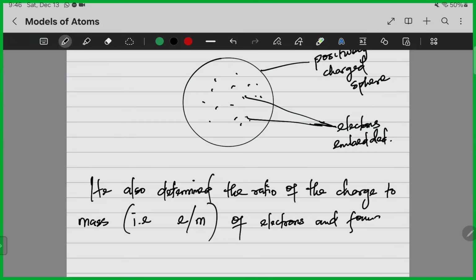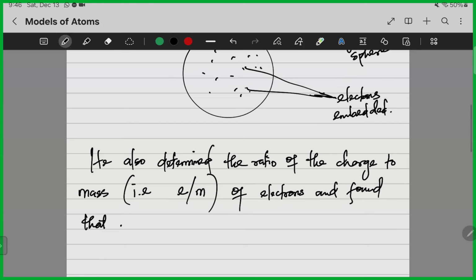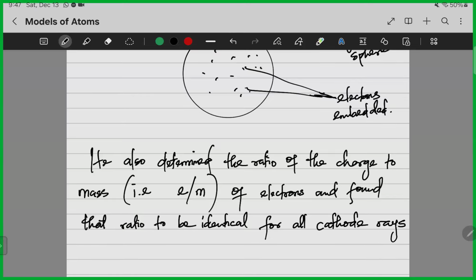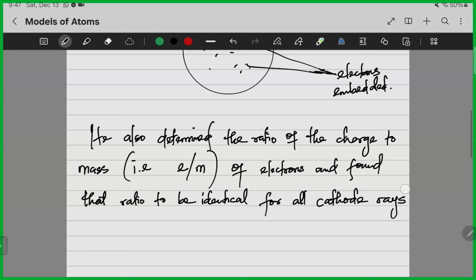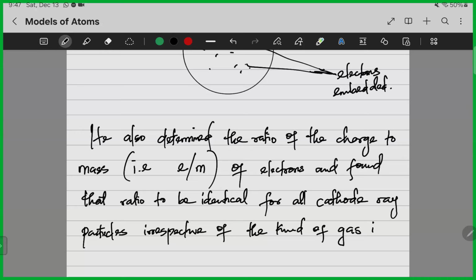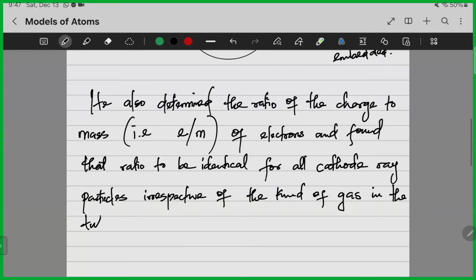And he found that ratio to be identical for all cathode ray particles, irrespective of the kind of gas in the tube or the metal the electrons are made of.